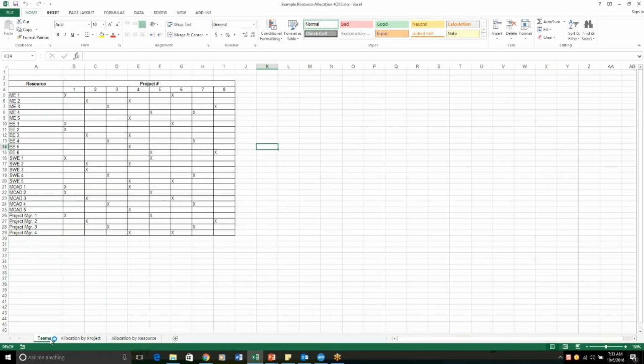Let's go to this worksheet first. The way you typically start out is you've got multiple projects that you're working on or planning for, and you've got your resources down here, your key resources that you really want to try to manage. I'll come back to that in a minute. As project managers, you're thinking about these projects.